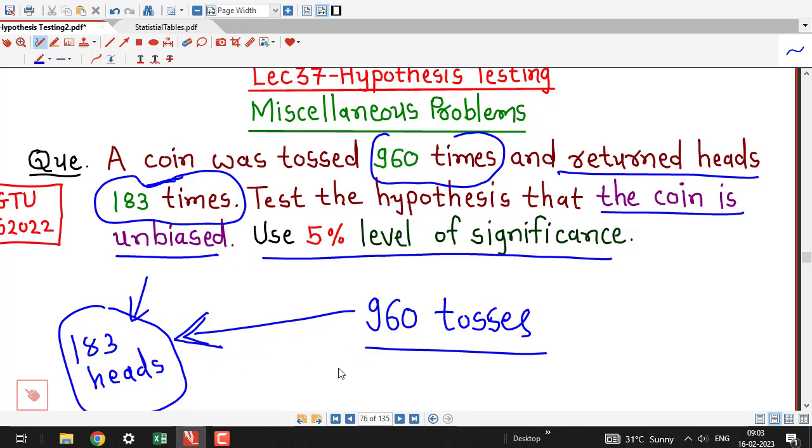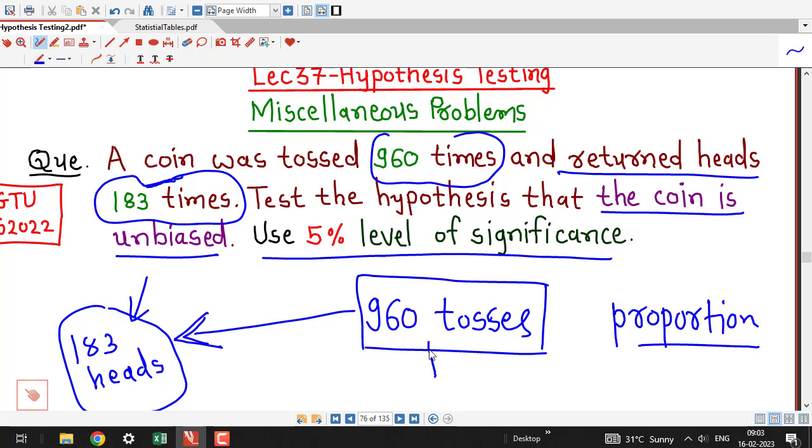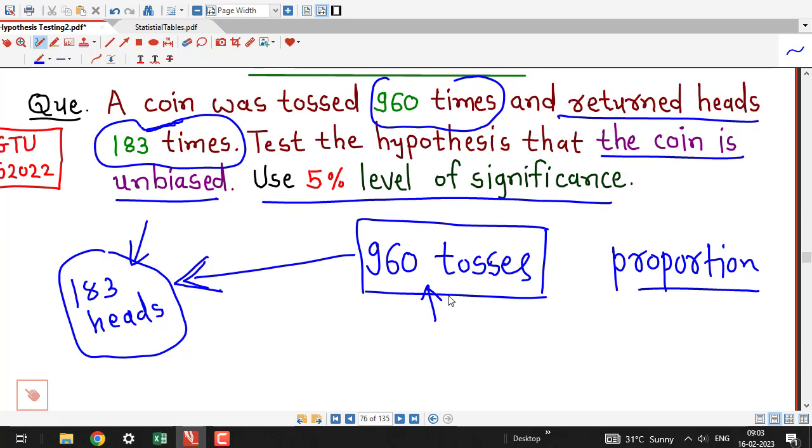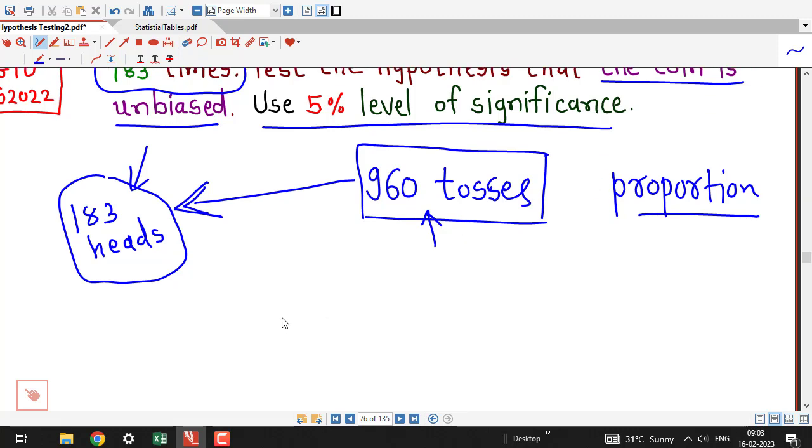Now here we are given that there are 183 heads out of 960 tosses. So you can have the idea that you are given something like proportion. You are given the proportion of number of heads from given number of tosses, and using this data you have to test the hypothesis that the coin is unbiased.